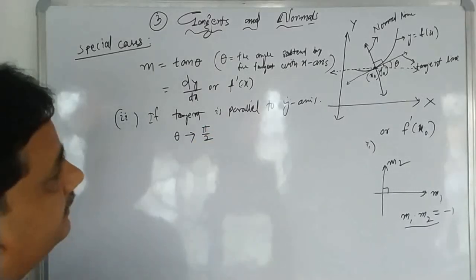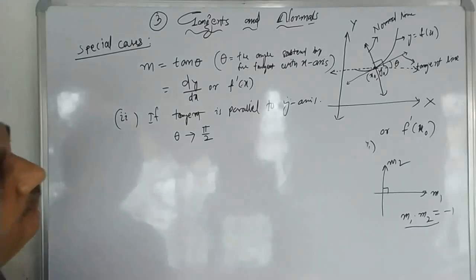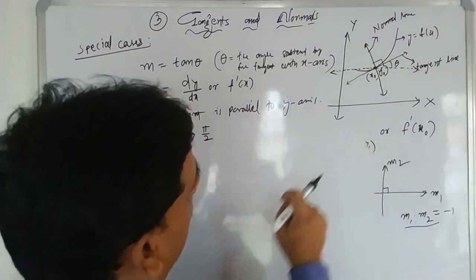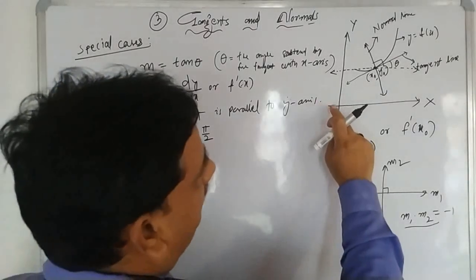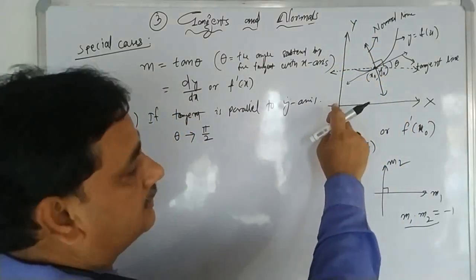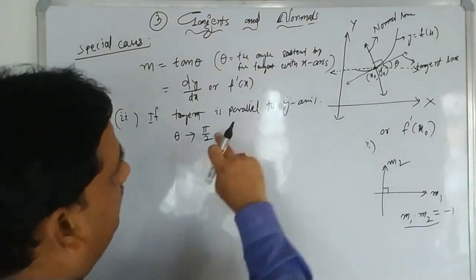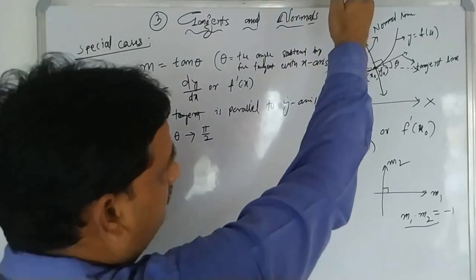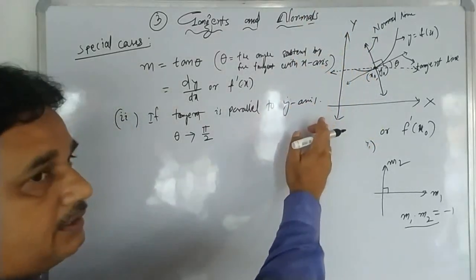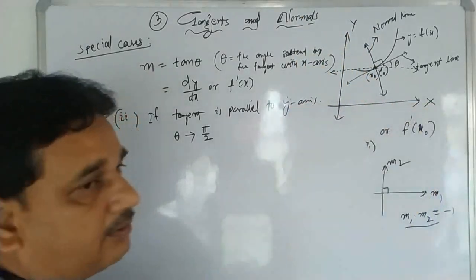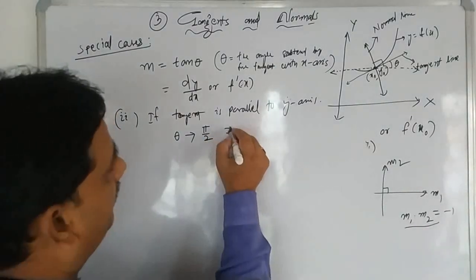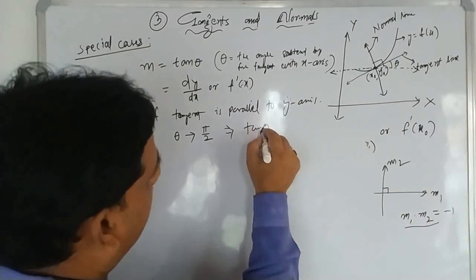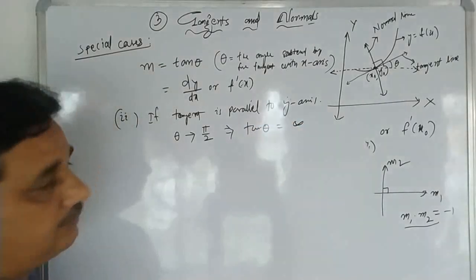The angle between the x-axis and y-axis is 90 degrees. The tangent is parallel to the y-axis, so it is perpendicular to the x-axis. So theta is pi by 2. This implies tan theta is infinity.